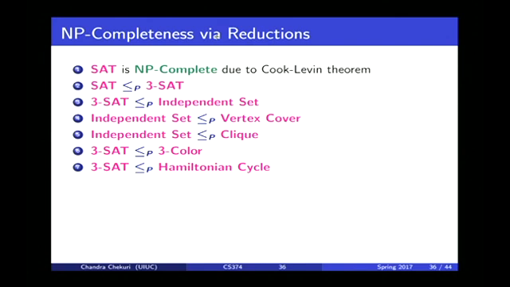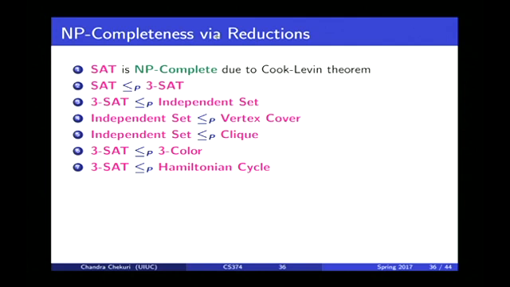Now, Cook and Levin proved that SAT is NP-complete. That was one important event in computational complexity. Then the second important event that happened in the 70s is that Richard Karp at Berkeley showed that all these strange looking problems are also NP-complete.